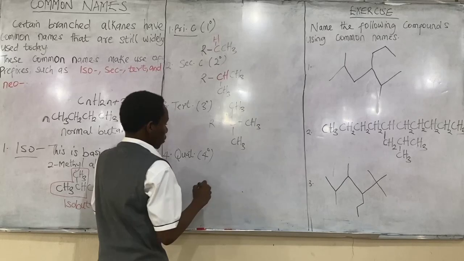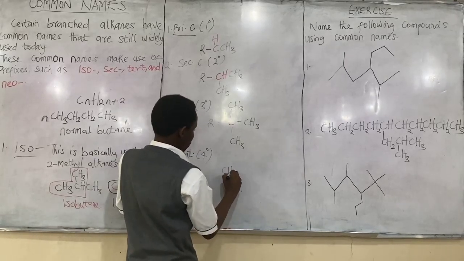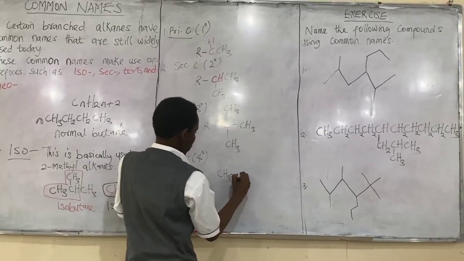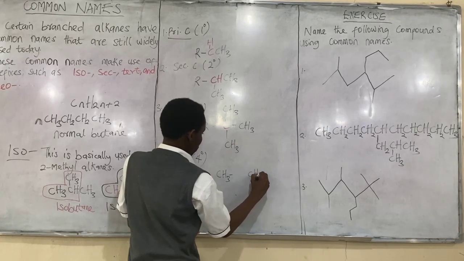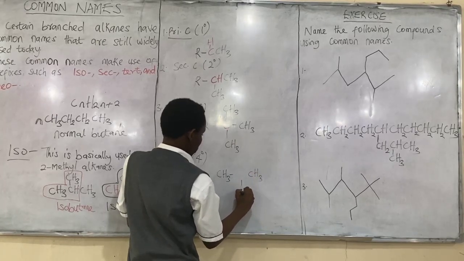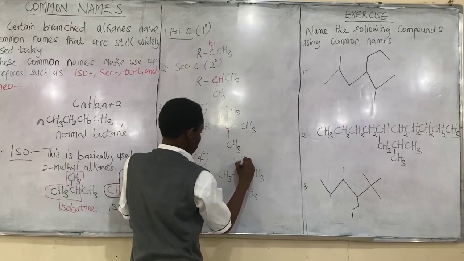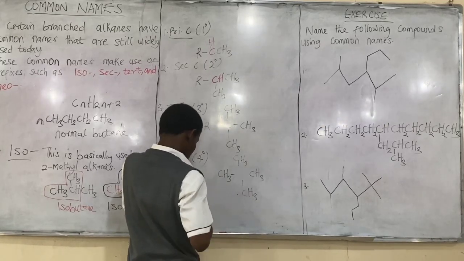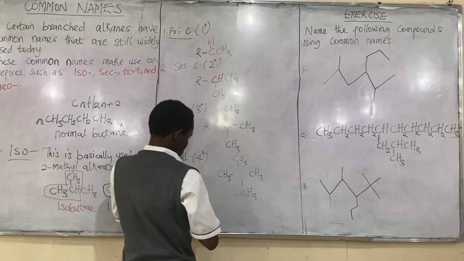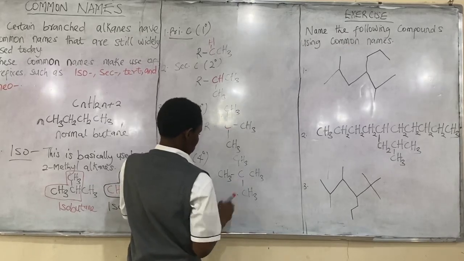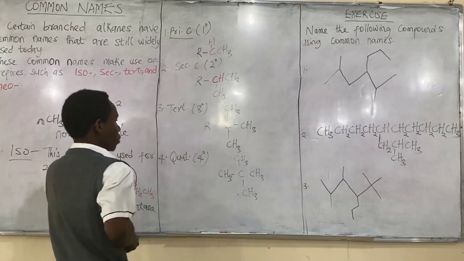Then the last one, we have the quaternary carbon. So if you have something like this, CH3, CH3, CH3, CH3, and then let's use our red for this.